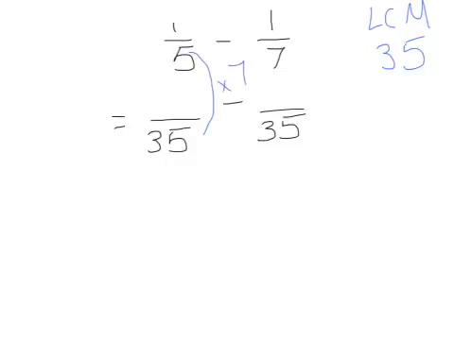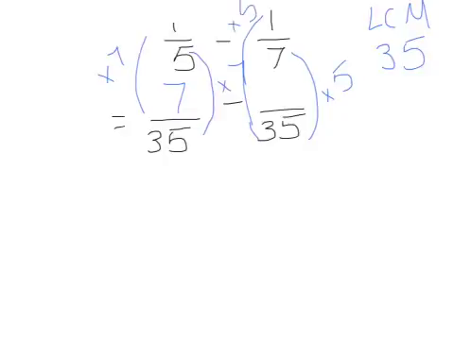So 7 times 1 is 7. And then how did I go from 7 to 35? Well, I multiplied by 5. So again, 1 times 5, giving the top of 5. And then 7/35 minus 5/35 makes 2/35.